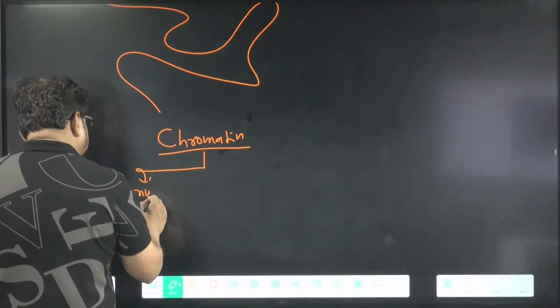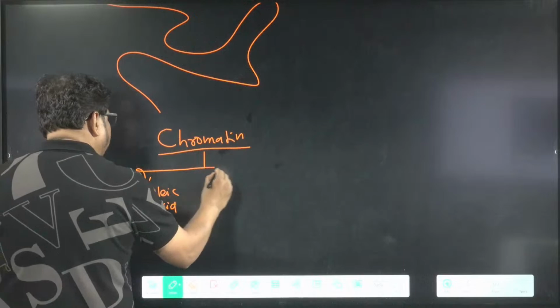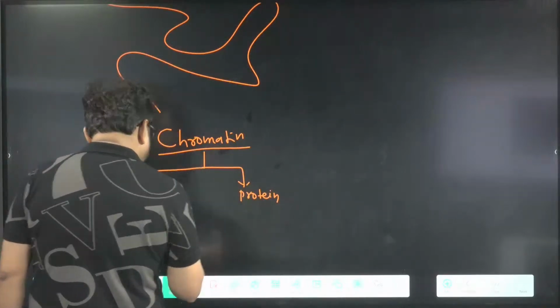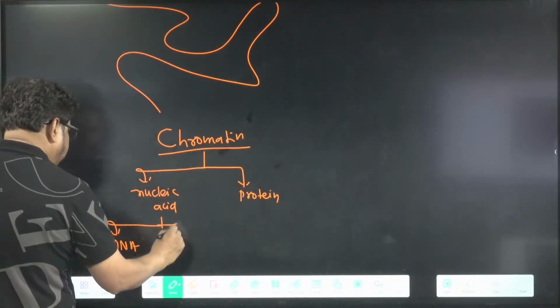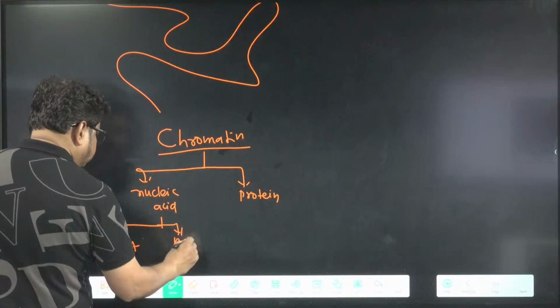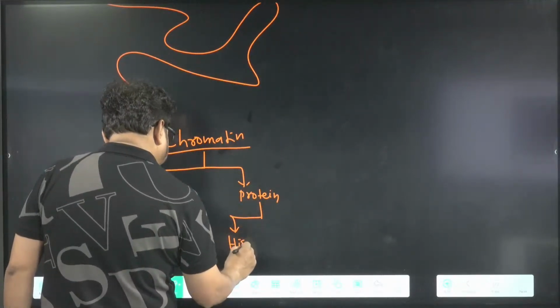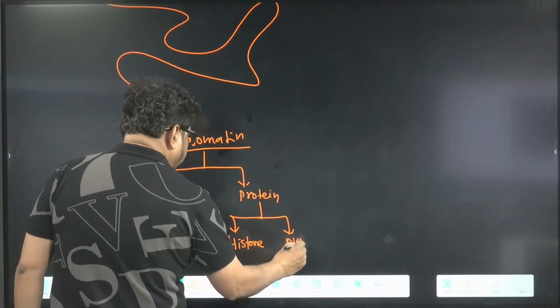Nucleic acid and protein. Which nucleic acid? DNA, RNA. Which protein? Histone protein, non-histone protein.